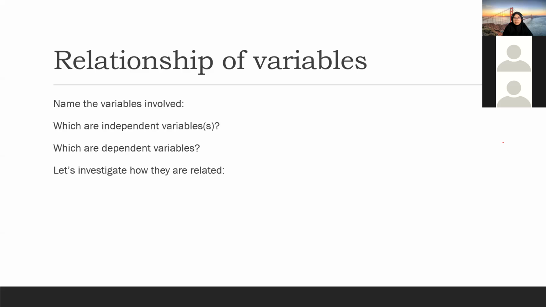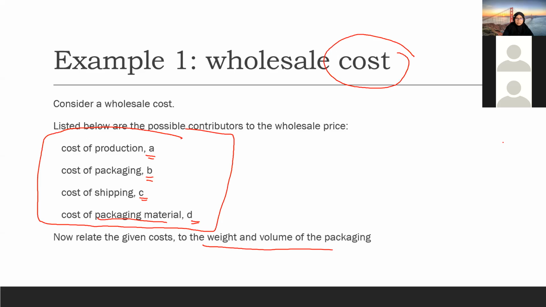Okay, now we need to know the relationship between the variables. You need to name the variables that are involved, which are dependent and which are independent. Now, I want to ask you this: cost of production, cost of packaging, cost of shipping, and so on.